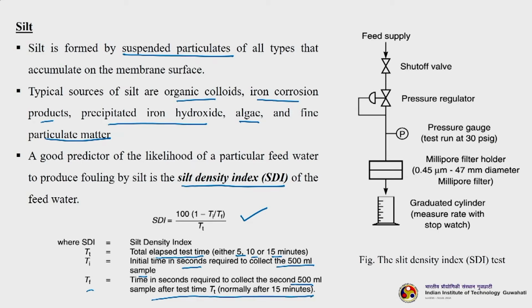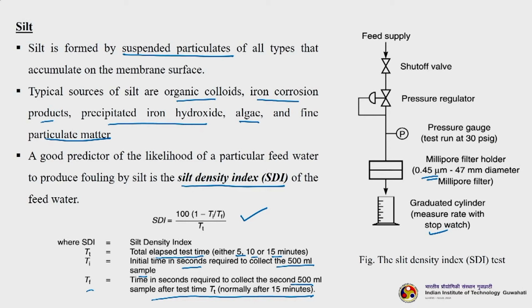So, what is the meaning of this? Please have a look at this particular figure. You see that usually a 0.45 micron filter is used, not necessarily a millipore filter, though it can be a millipore filter also, and you are pushing water through it and measuring the volume using a stopwatch. How do you measure?